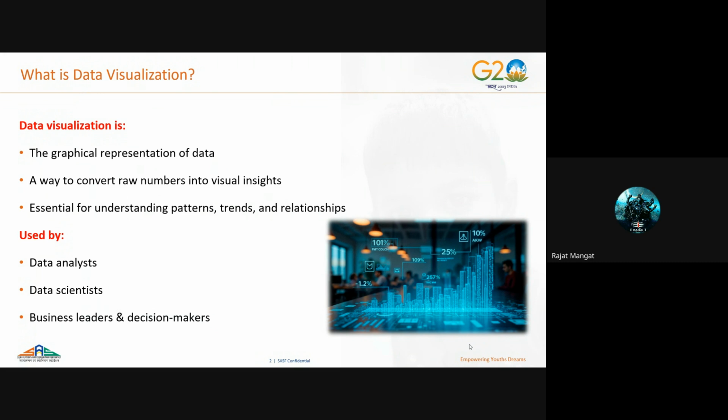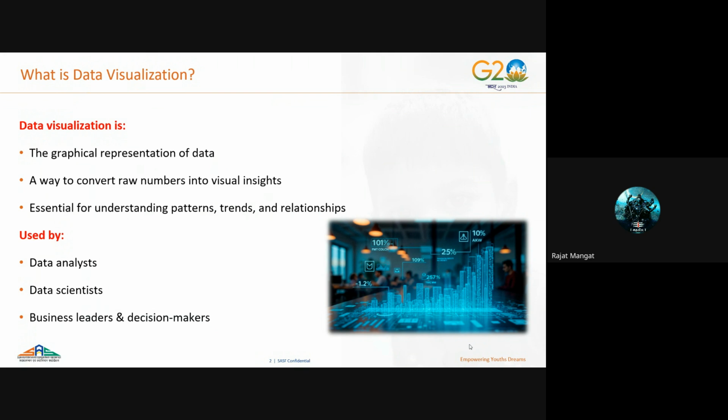So all these things together form the whole picture of data visualization, and it is done by using Matplotlib. But we will cover the theory part today only, so that you can start with the practicals from tomorrow's sessions. It is used by data analysts, data scientists, business leaders, and decision makers. Why? Because a data analyst wants to know in which direction their data is going.